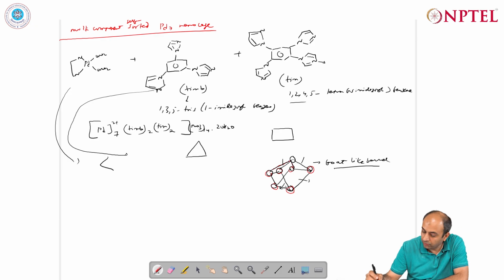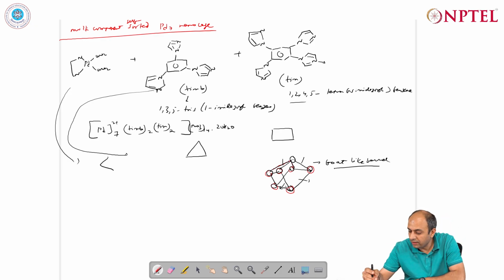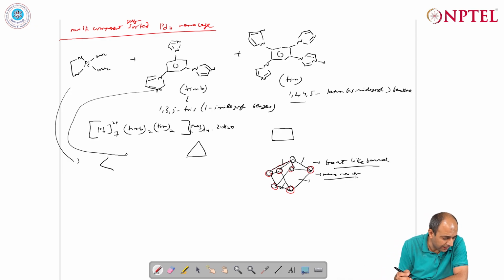and this kind of a boat like barrel is referred to as a nanoreactor, and this molecular boat has been utilized to perform Knoevenagel condensation reaction with this particular molecular barrel.